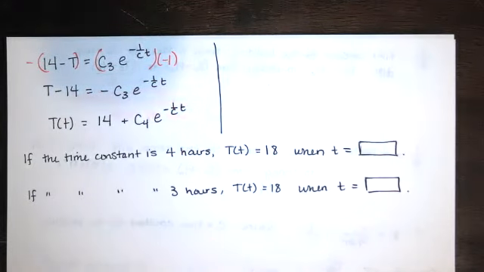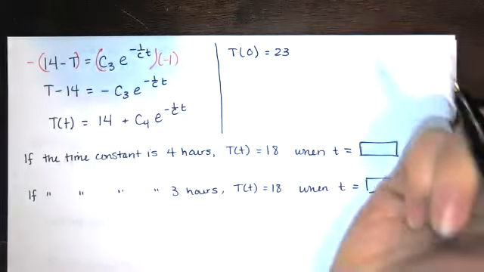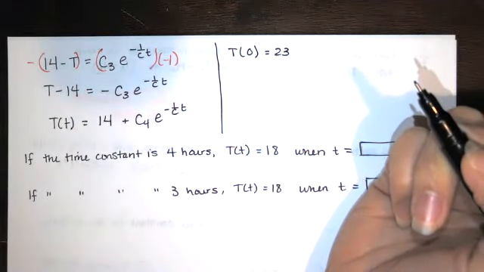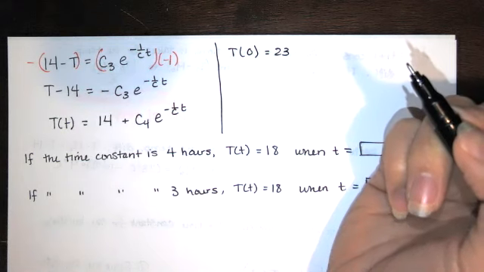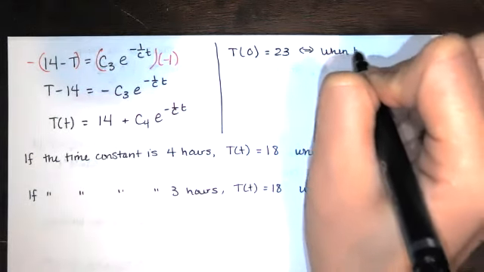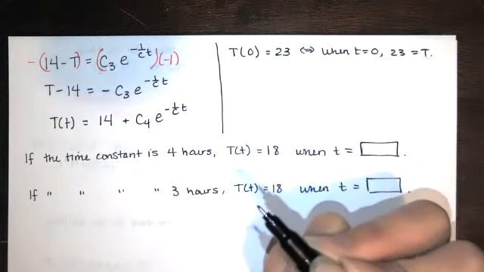So we solved the differential equation by separating the variables, anti-differentiating, and then solving for T. And then we know that when t equals 0, the temperature inside the building is 23 degrees Celsius, because the temperature inside was kept at 23 degrees Celsius by the furnace until noon when the furnace was shut off. So this corresponds to when little t equals 0, capital T is equal to 23.